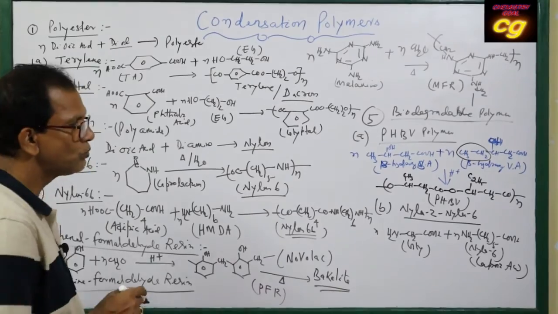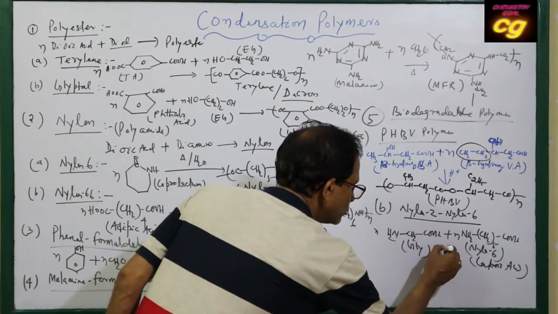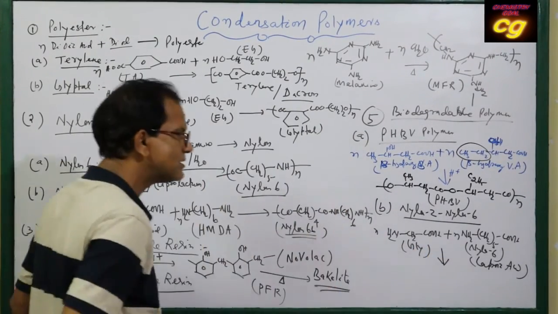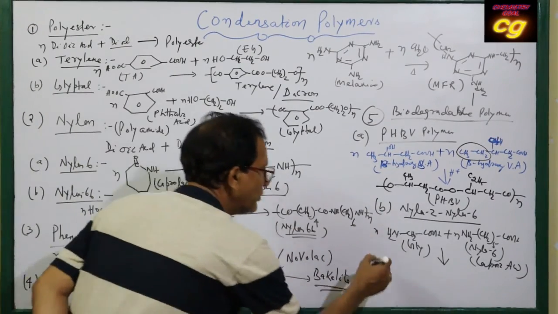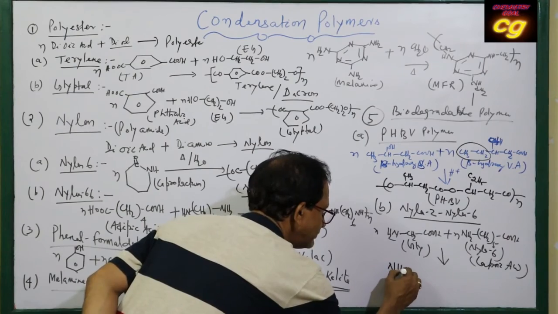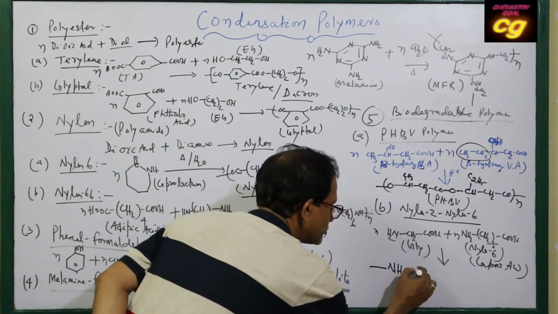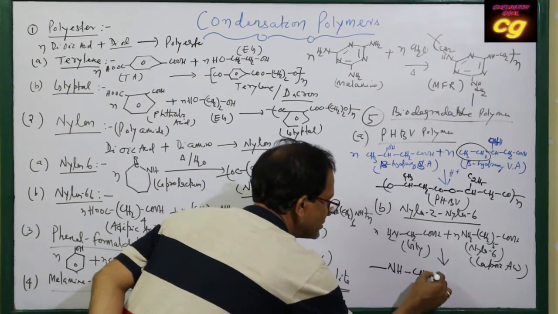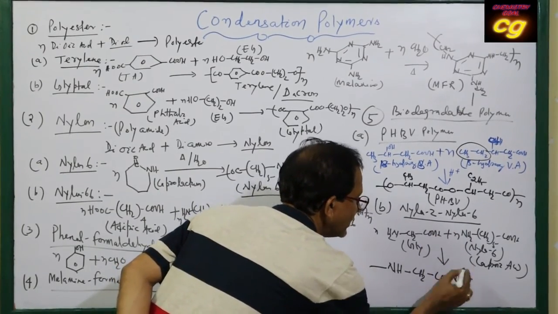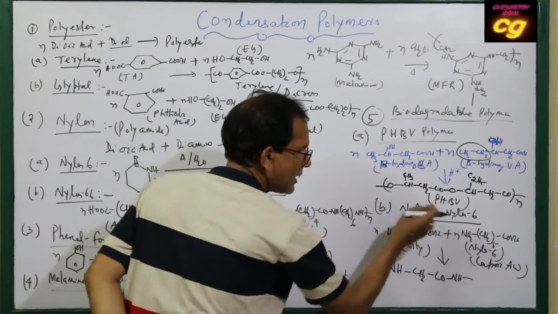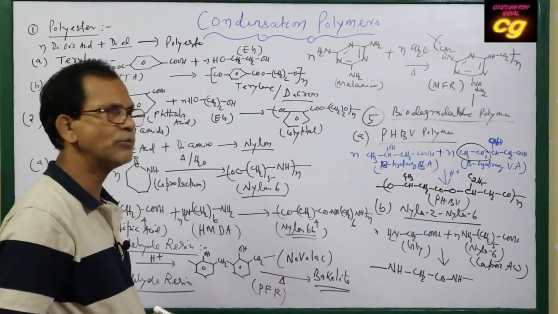When these two monomers condense, forming a condensation polymer, you start from amino group, that is NH, then CH2 remaining same, then CO, then second group NH. Because when acid group and amino group combine, it produces a water molecule.